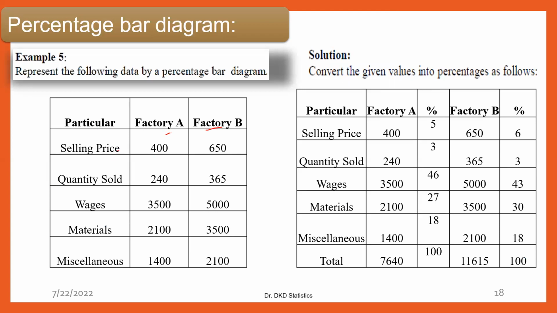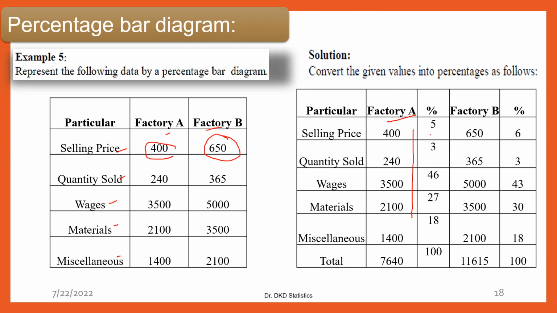In the same way we can see here factory A and factory B. Each factory has a selling price, quantity sold, wages, materials, and miscellaneous. For each factory a different selling price is given, and for each item. Now for creating the component bar diagram, for factory A this item is given.